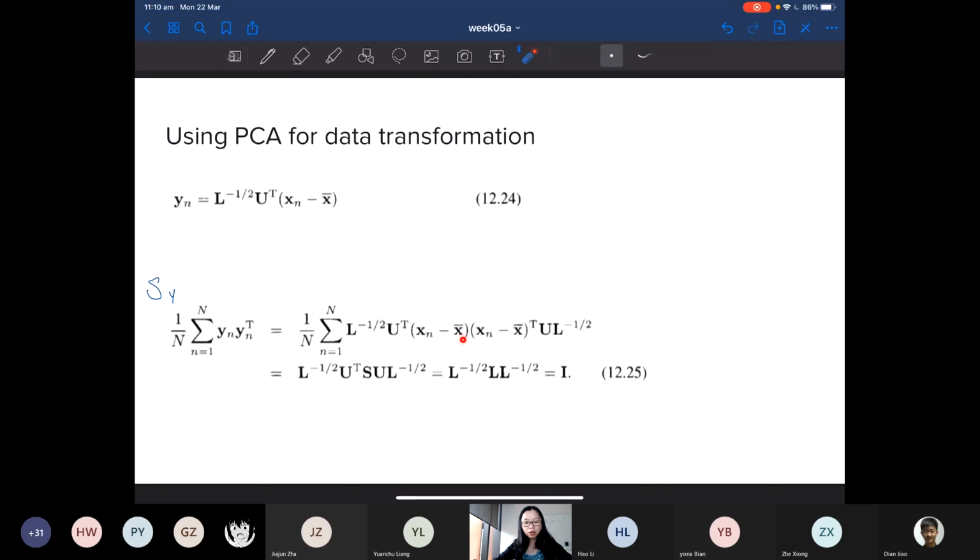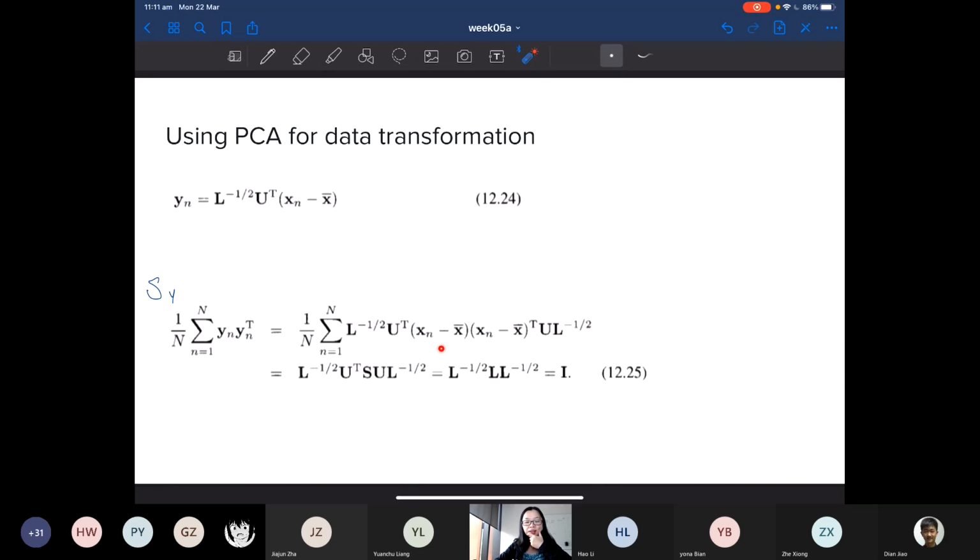And then we know that if we transpose a product of different matrices, we just flip the order and transpose everything. So the last term here is x_n minus mean of x, transposed. U transpose again is U. And then L transpose, taken to the negative square root, is L itself because the diagonal matrix is symmetric, right?